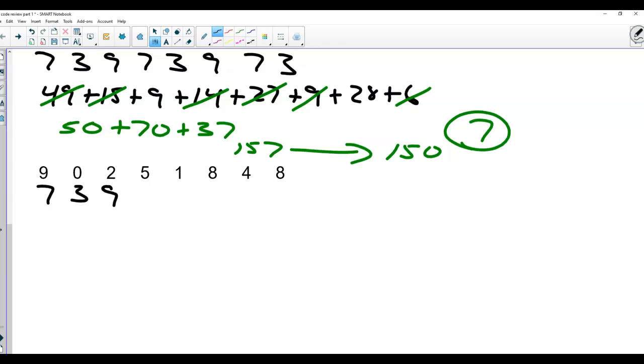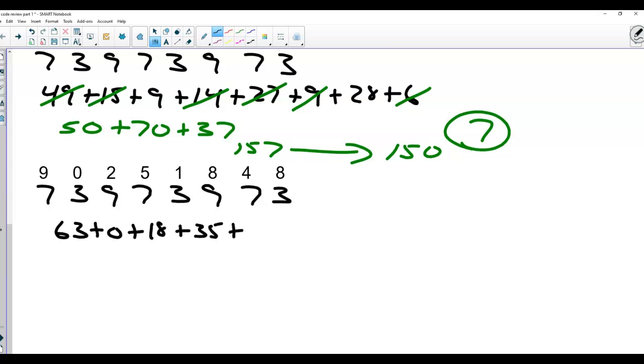7, 3, 9, 7, 3, 9, 7, 3. 63, 0, 18, 35, 3, 72, 28, and 24.